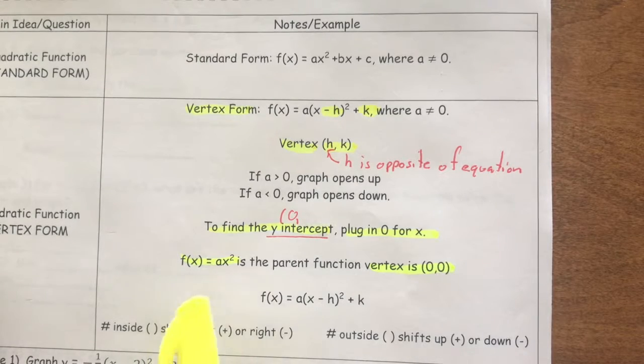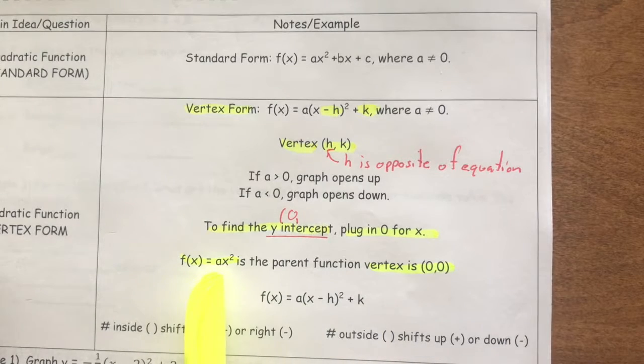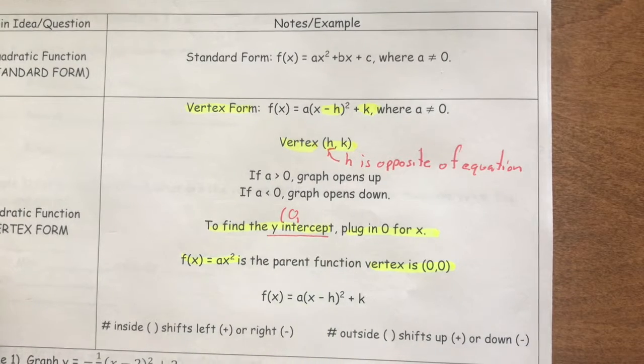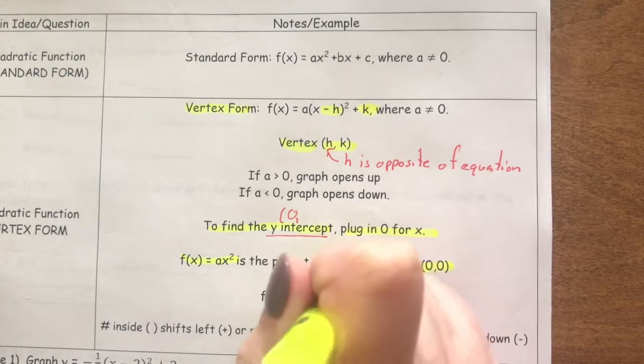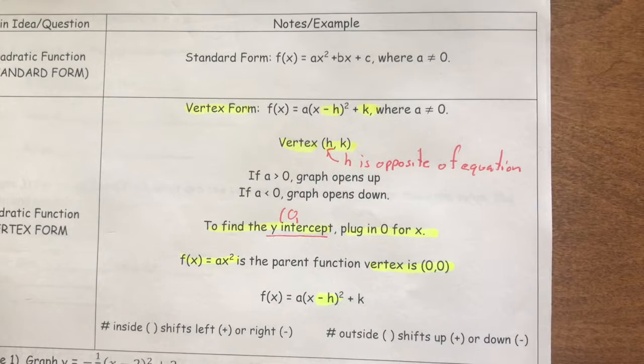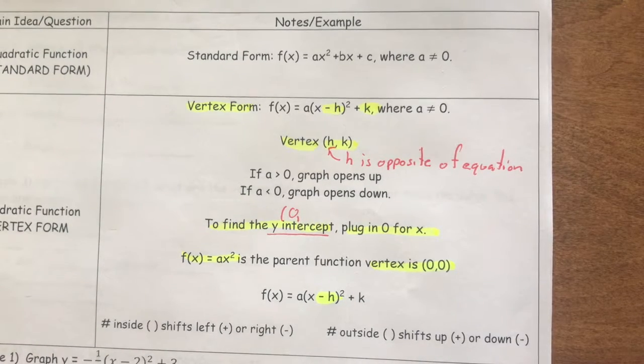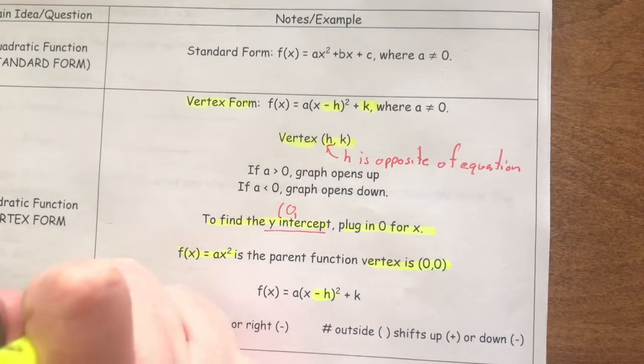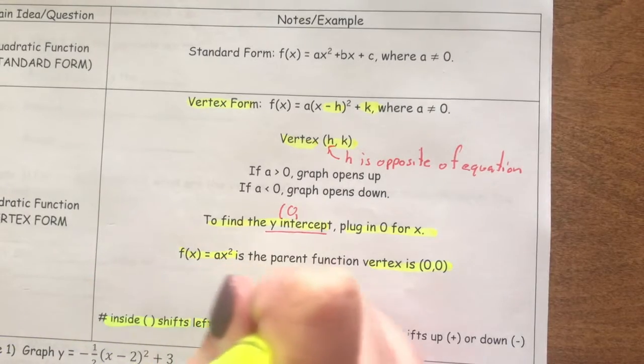Now what happens is when we have this parent function, we're going to have shifts when we write it in vertex form. We'll still have our a value, but this h coordinate is going to shift our x coordinate left or right. Our horizontal shift will be found inside the parentheses next to x. So the number inside of the parentheses will be your horizontal shift.